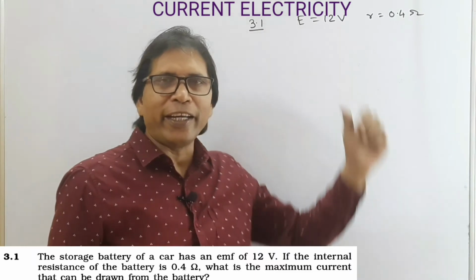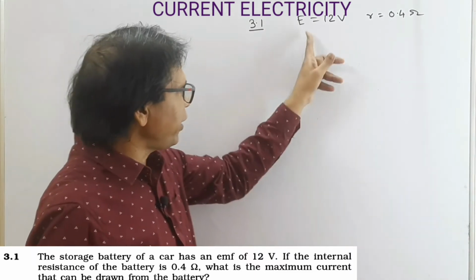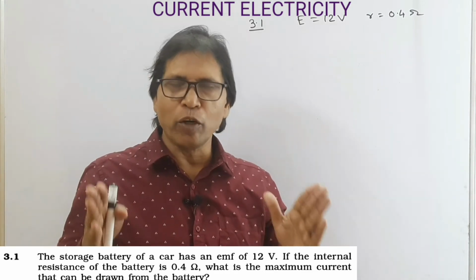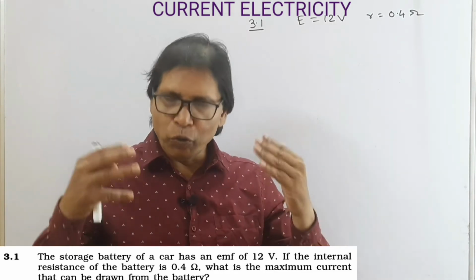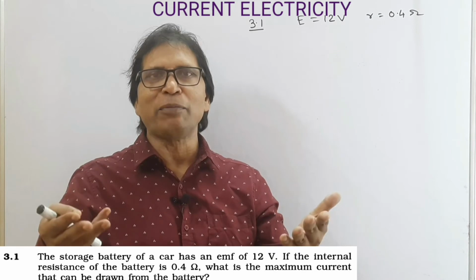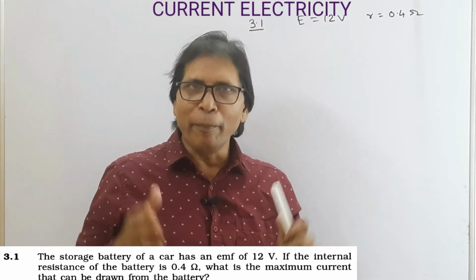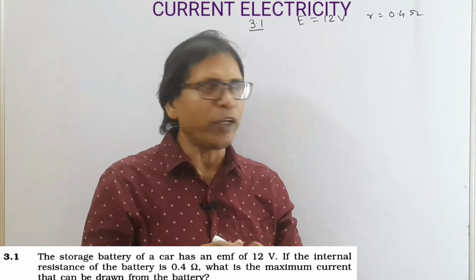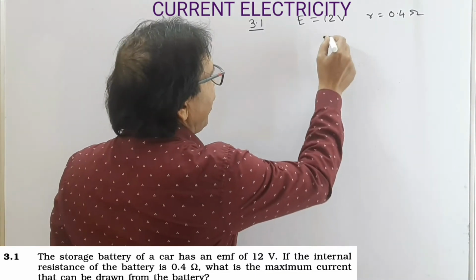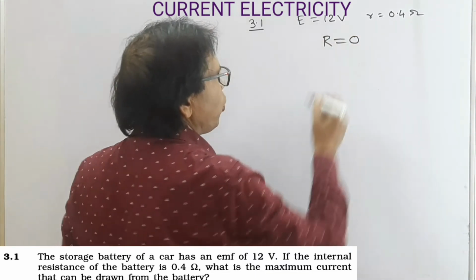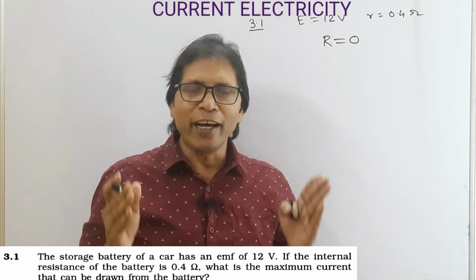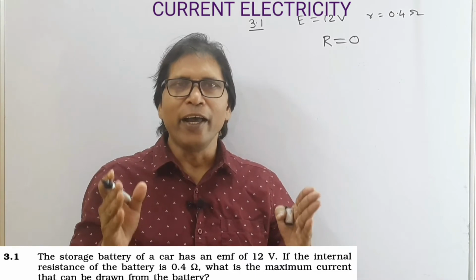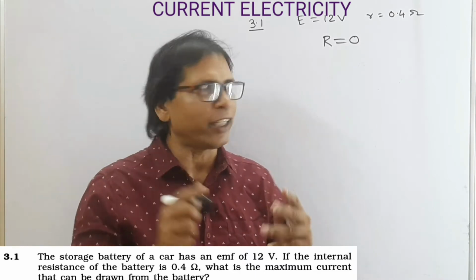Okay, now look at this, NCERT numerical 3.1. A storage battery in a car cell has EMF 12 volt, internal resistance 0.4 ohm. Now we have to calculate maximum current. The maximum current from a battery is obtained when external resistance R equals 0, that is when the battery is in short circuit.